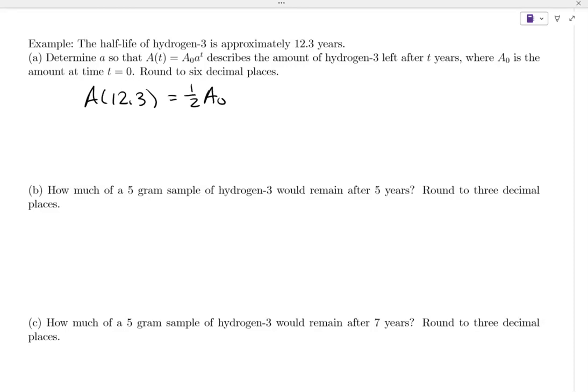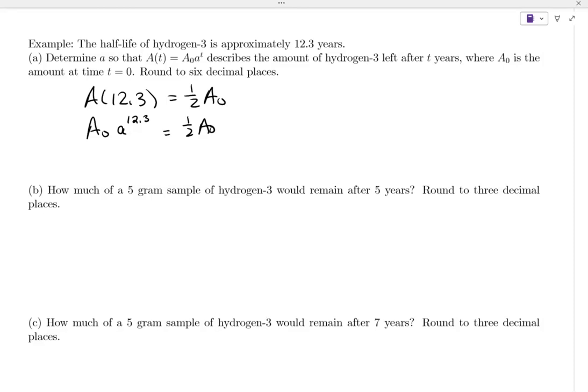The problem tells us that in 12.3 years, we have half of what we started with. So notice now, if I plug this in to the form of the equation that we have, we'll have a naught times a to the 12.3 equals 1/2 of a naught.